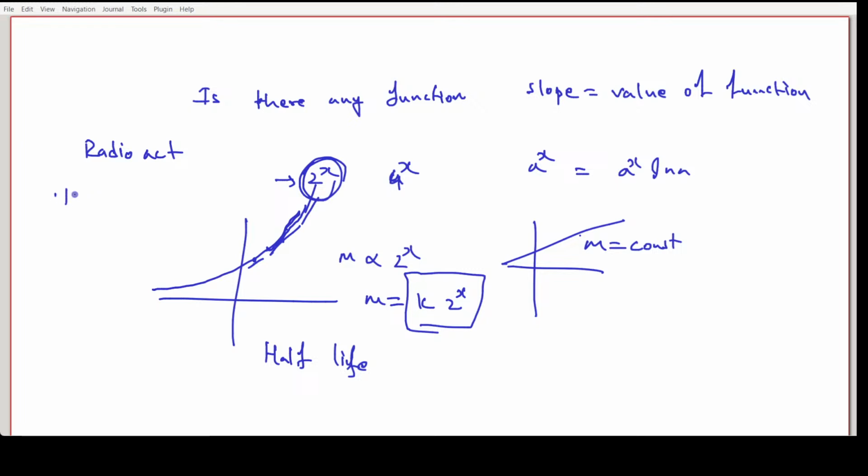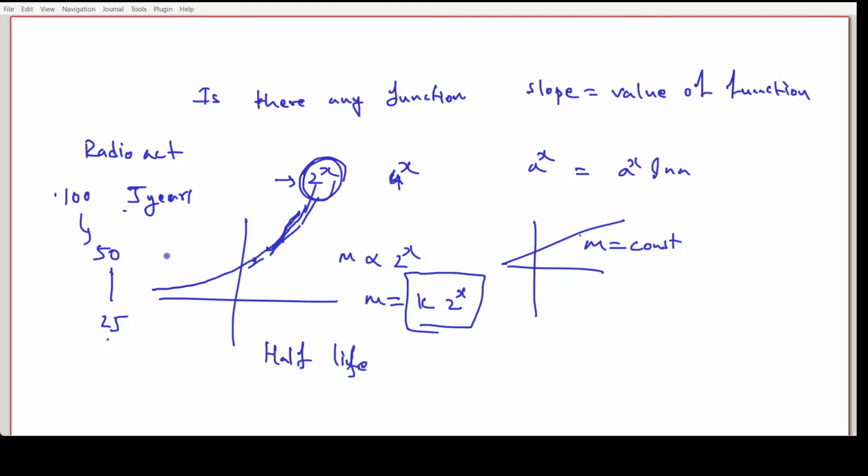What does that mean? If there are 100 units and 5 years is the half-life, then after 5 years this 100 will become 50. And in the next 5 years, this 50 will become 25. This is called half-life. In what time, whatever that quantity is, will become half.